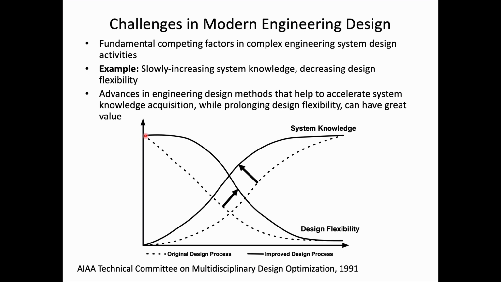If it's automated and we discover we need to adjust something, it's a little bit easier to go back to an earlier phase, make the change, run the optimization problem again, and come up with the new design decisions. So that is a way of pushing this design flexibility curve farther out into the future.